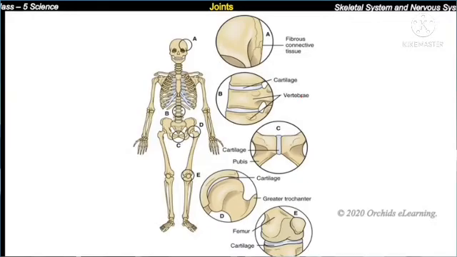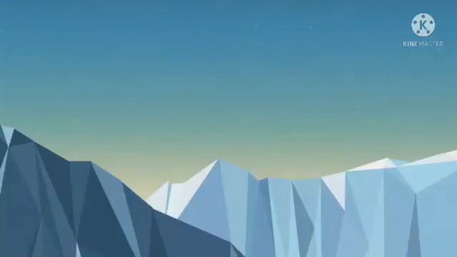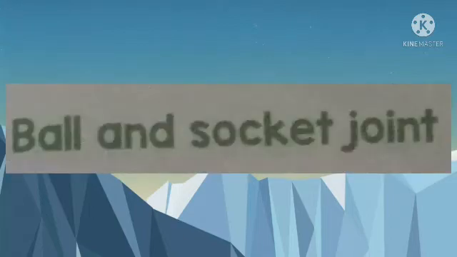On the basis of the shape and function, the movable joints are of 4 types: ball and socket joint, hinge joint, pivot joint and gliding joint.